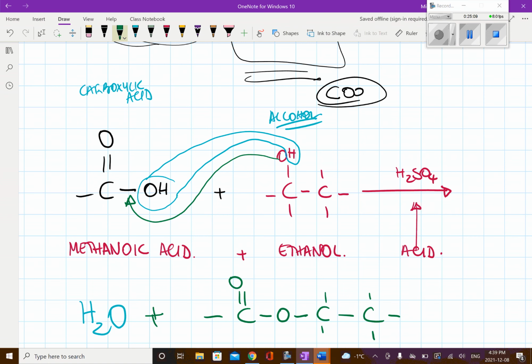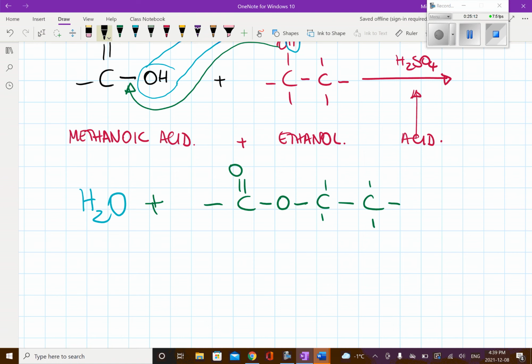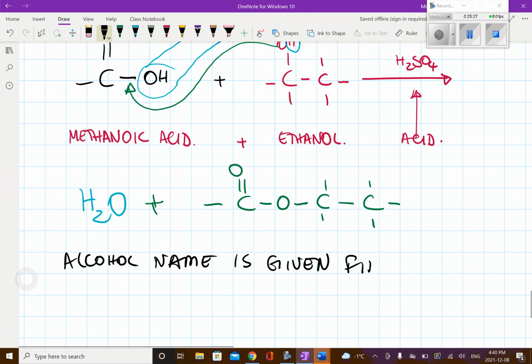Okay, so now how do we name it? The alcohol name is given first as an alkyl group, followed by the acid.